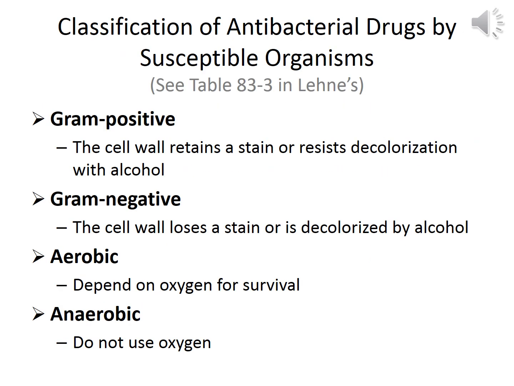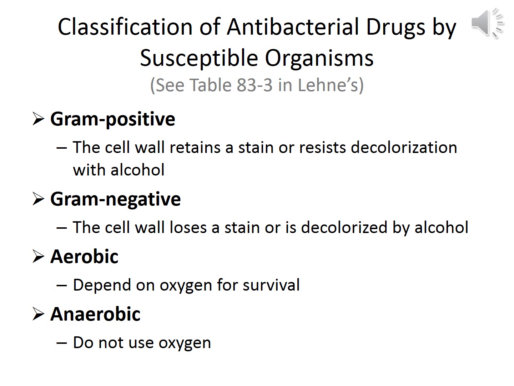So we classify antibiotics as bacteriostatic or bactericidal. We also are going to classify them based upon the susceptible organisms that they attack. Your book has a nice table, 83-3, that shows this classification. We're going to classify them as gram-positive, if you remember, those that have cell walls that retain the stain or resist the decolorization during a gram stain.